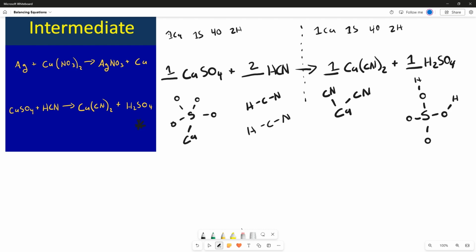And then for carbons, we have 2 carbons over there and 2 carbons over here. And for nitrogens, we got 2 nitrogens over there and 2 nitrogens over here. So all of the elements cancel out. So if we take a look, our final balanced equation is 1 CuSO4 plus 2 HCN yields 1 Cu(CN)2 plus 1 H2SO4.